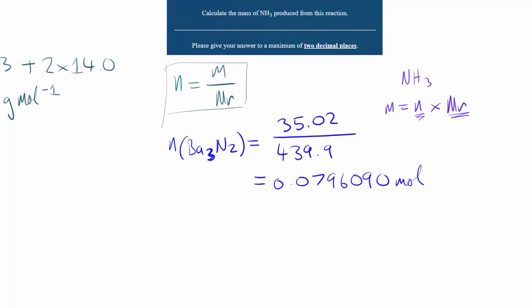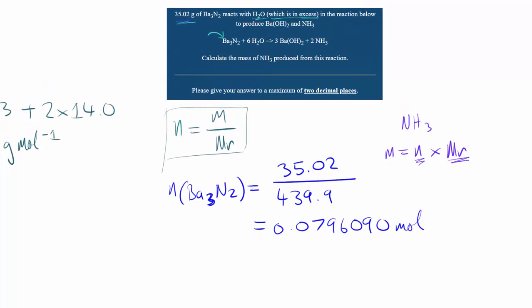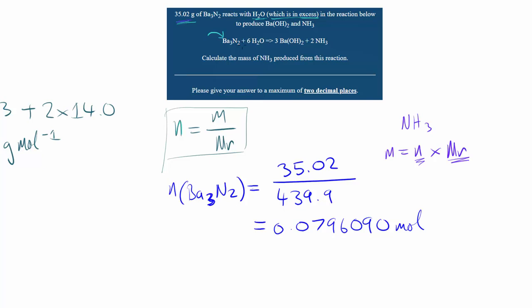What I discussed at the start is that the stoichiometric relationship can really help us to work out the mass of the ammonia, and this is what I'm going to explore now. If we look at the ratio, for Ba₃N₂ there's no number in front of it, so we can assume the coefficient is 1. The ammonia, on the right hand side of the equation, has a coefficient of 2, right?